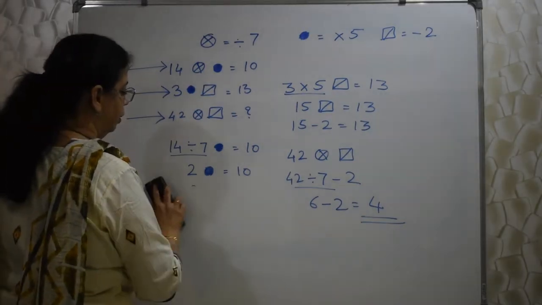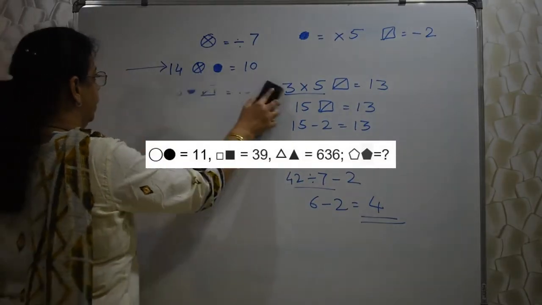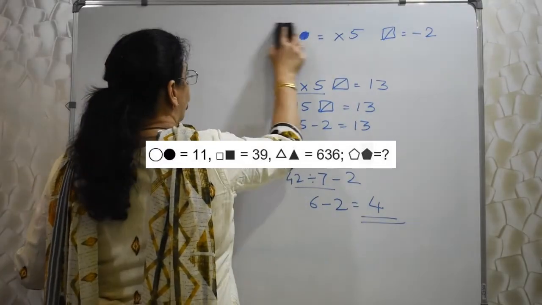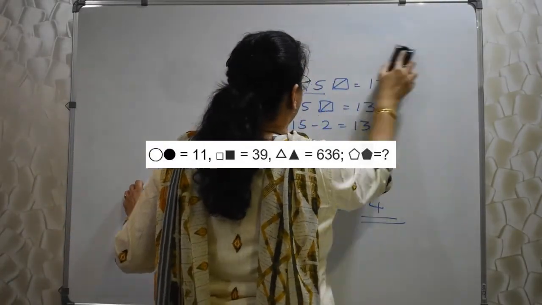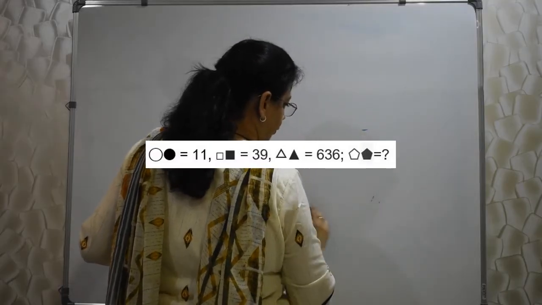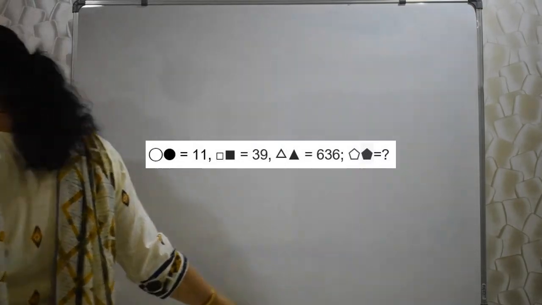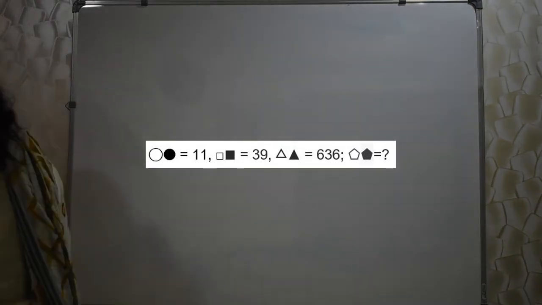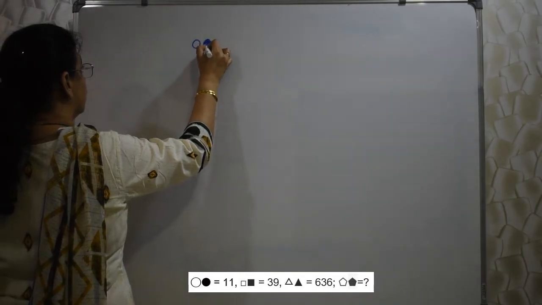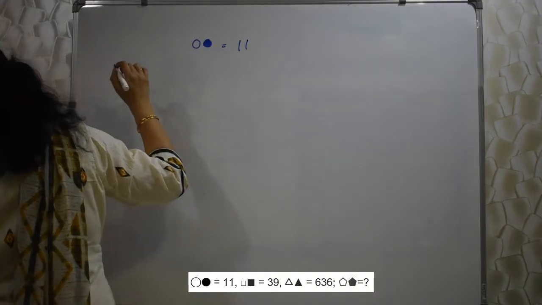Next sum will appear on your screen. Observe the sum properly. Very interesting sum. You all know it. It is not at all difficult. I am writing whatever they have given us.